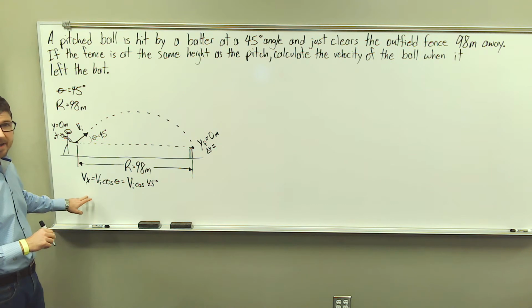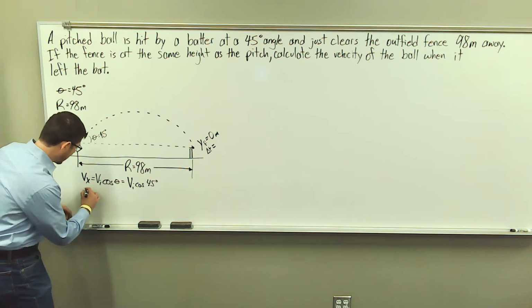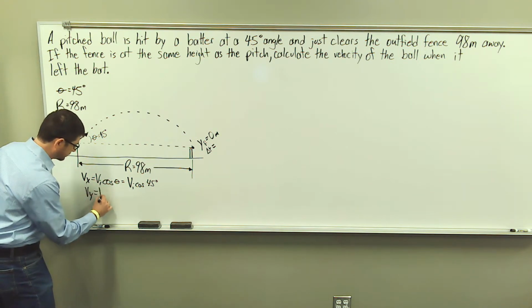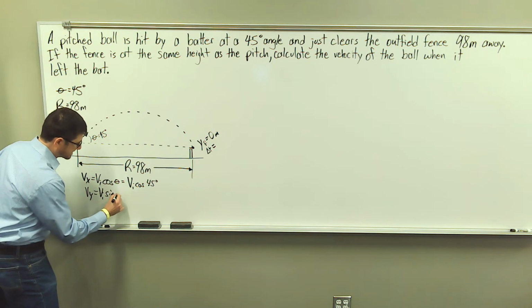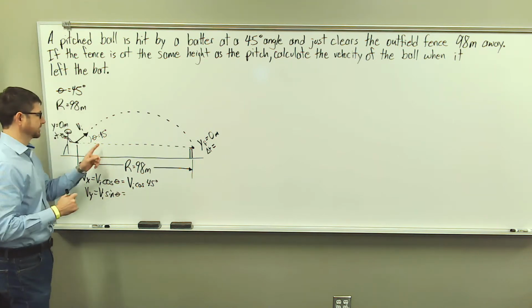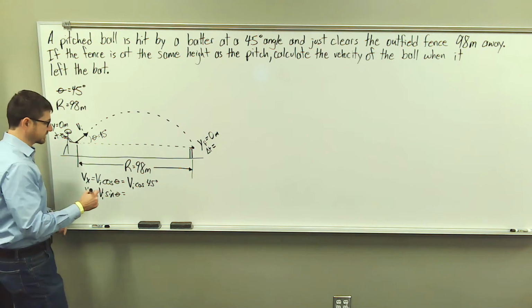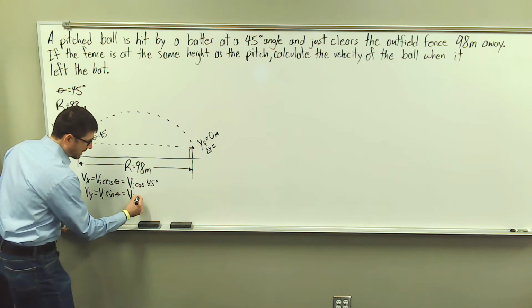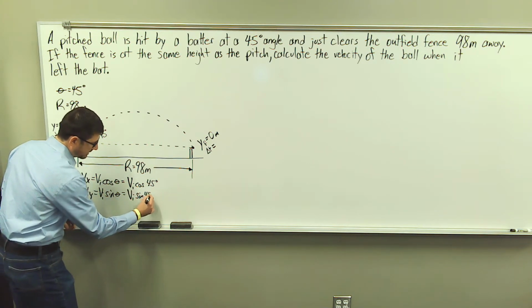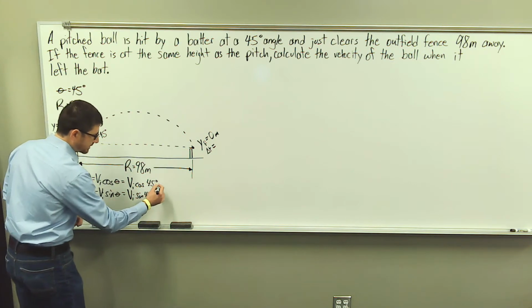And for our y component of velocity, we have velocity in the y direction is equal to initial velocity times sine of the angle theta. Well, our angle is 45, so v sub i times sine of 45 degrees.